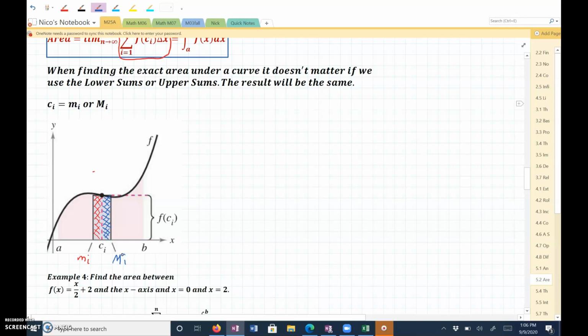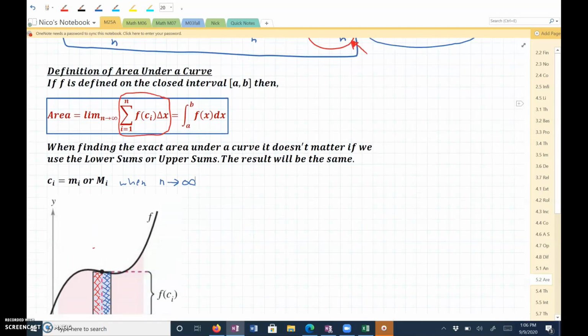Okay? c sub i is equal to m sub i, lowercase, or capital M sub i when n approaches infinity, which means it doesn't matter if you use lower sum or upper sum.